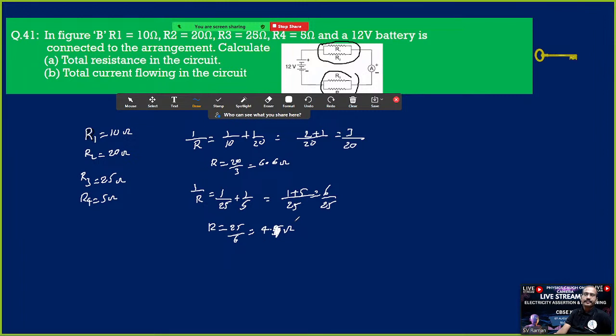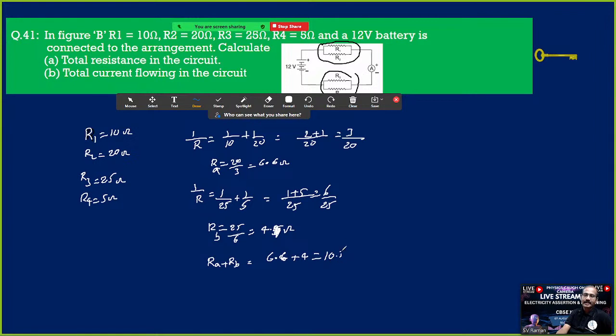Now these two are again in series. Let's say this is RA and this is RB. Both are in series, so RA plus RB is 6.6 plus 4, approximately 10.6.